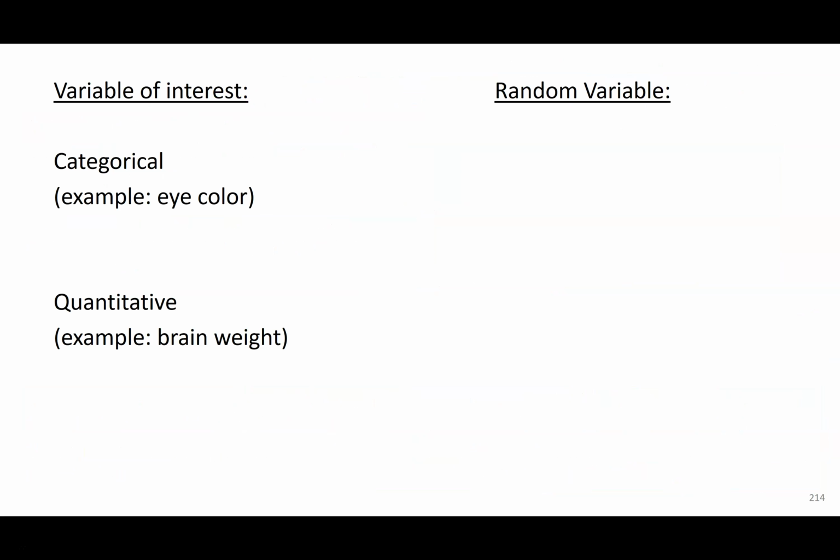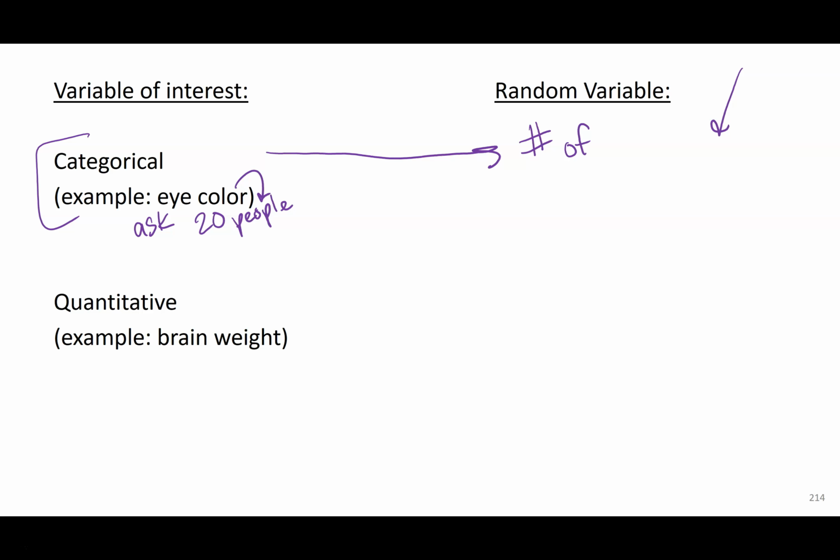So I want to point this out. Suppose I have a variable of interest I'm collecting and it's categorical. I'm going to focus on eye color. So I'm going to ask 20 people their eye color. The random variable that goes along, almost always, at least in this class, it's going to be a count. So I'm going to pick number of, and then it could be any category. I'm going to just pick brown eyes.